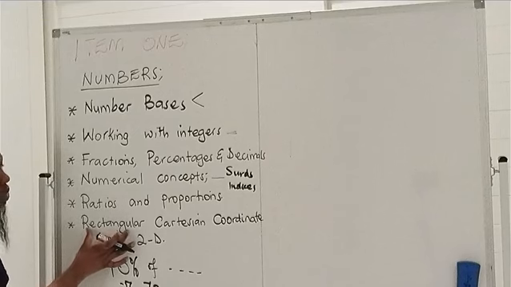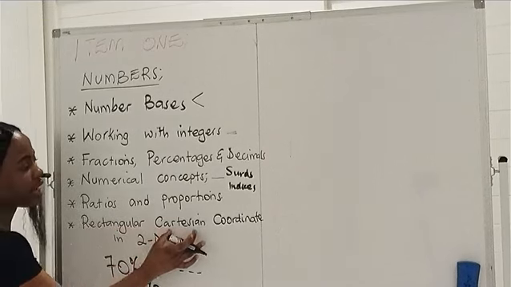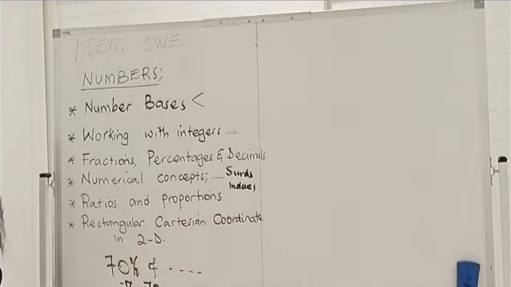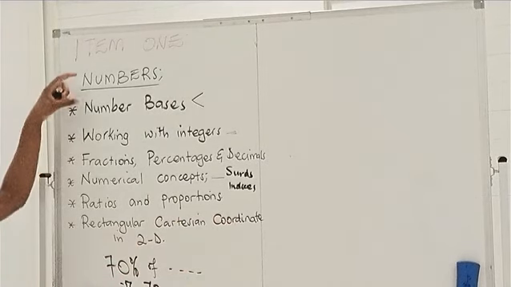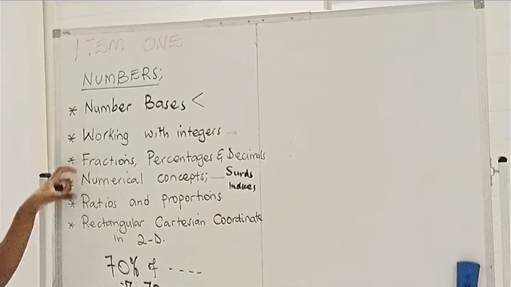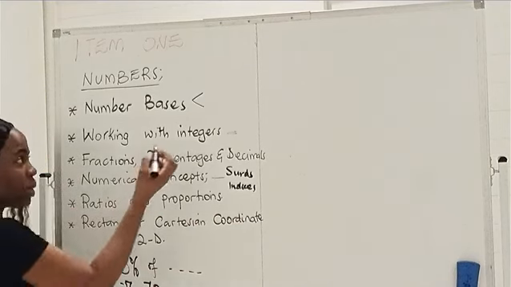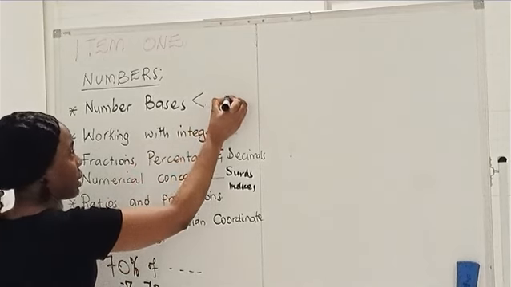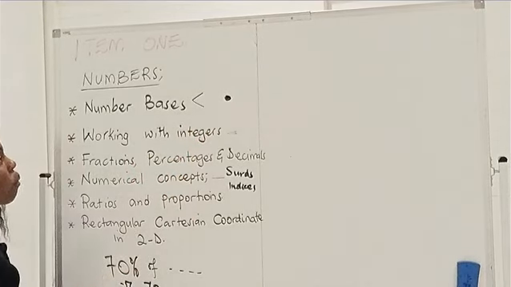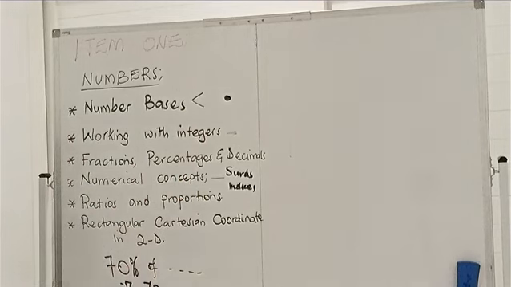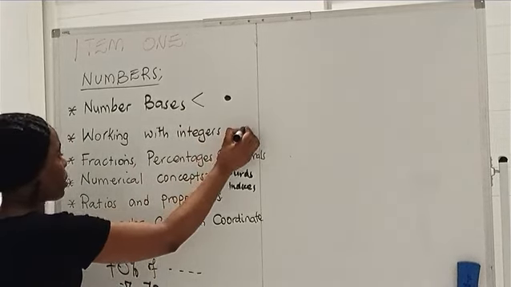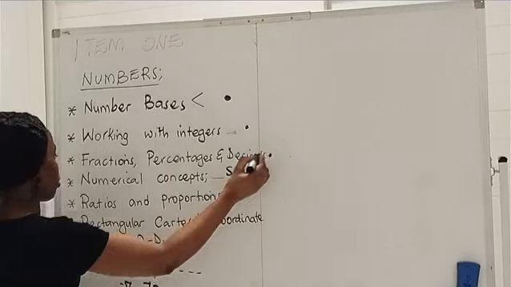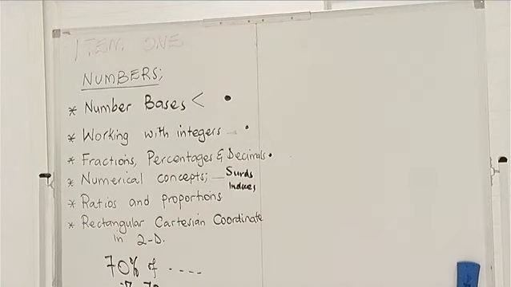Then we also have rectangular Cartesian coordinates in 2D, but this is to know that in numbers we are going to find these topics. So what are the most popular ones? We have number bases, we have working with integers, fractions, percentages, and decimals.